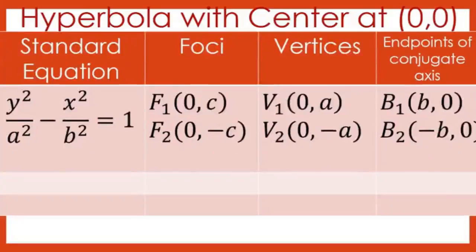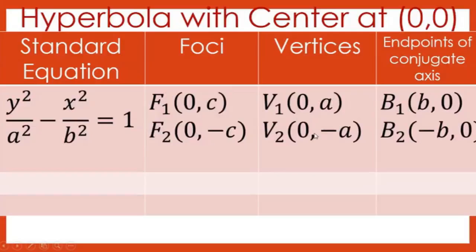For the other equation of the hyperbola with center at (0, 0), we have y squared over a squared minus x squared over b squared equals 1. Now, the negative term here is the x squared term. When the x squared term is negative, our hyperbola is vertical, and the foci are located at (0, c) and (0, negative c).